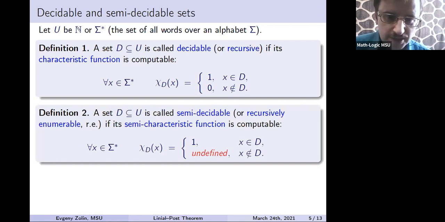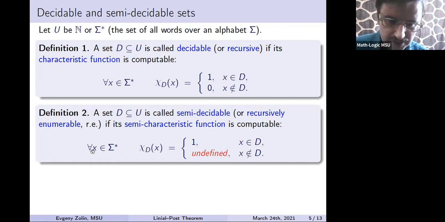A set D is called semi-decidable or recursively enumerable, abbreviated RE in the foreign literature, if the following semi-characteristic function is computable.